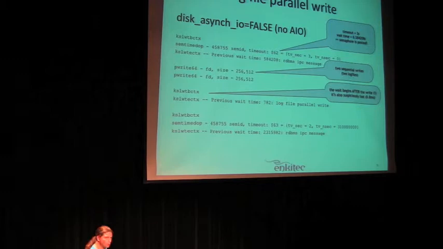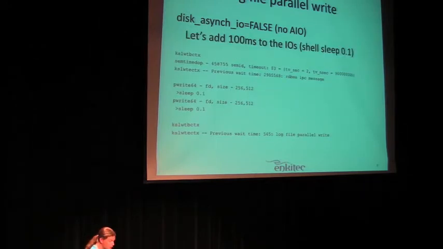I did the test on my laptop. My laptop has an SSD, and on a VM on your laptop, if you're redoing stuff, the actual I/Os come in the cache, in the file system cache of your system. So it can't be. But what you can do in GDB is add a small shell script once a function is encountered. So what I did is I added a shell sleep 0.1, which is a sleep of 100 milliseconds, every time a pwrite is encountered.